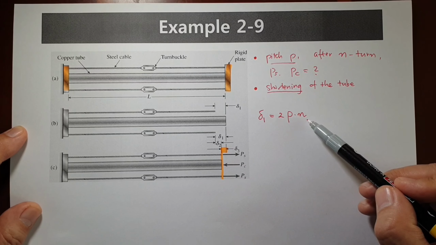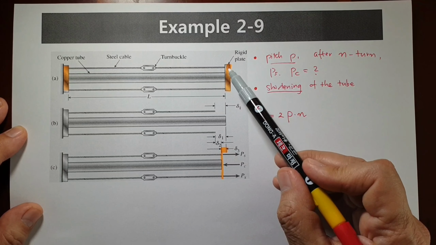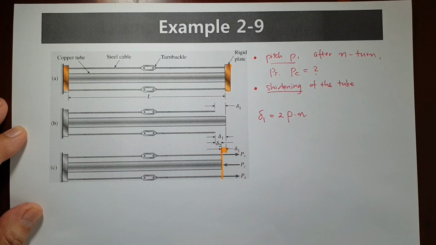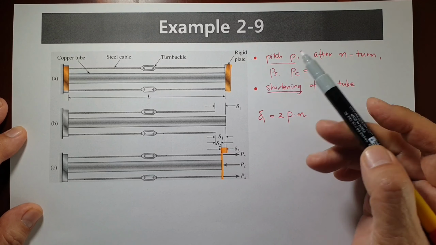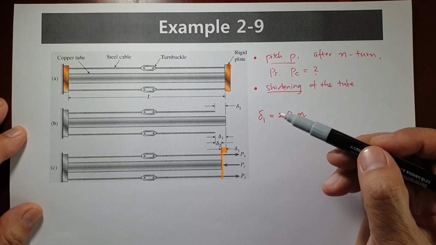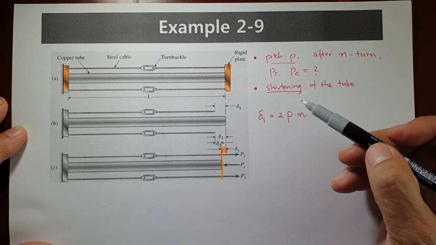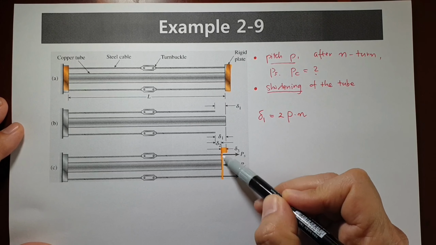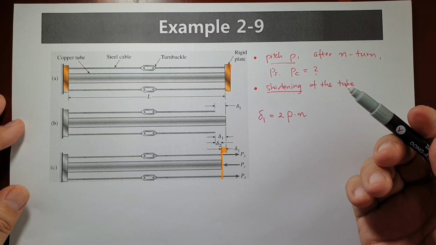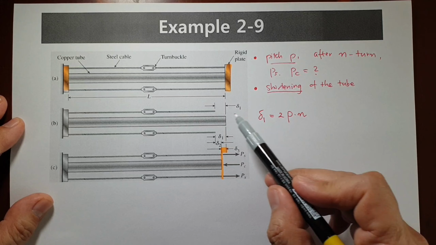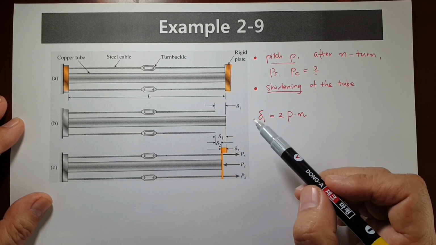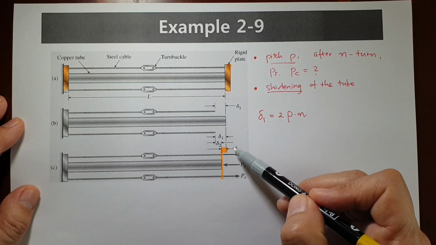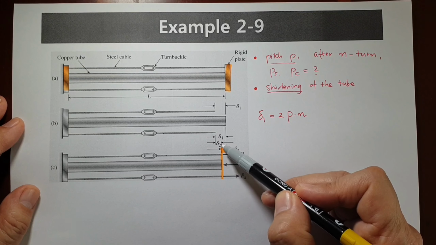Next step, it is connected by a rigid plate to the copper tube. Then it transmits some force to the copper tube, and finally the copper tube is getting shorter and reaches some kind of equilibrium. Delta 1 was given, and finally it reaches this position.